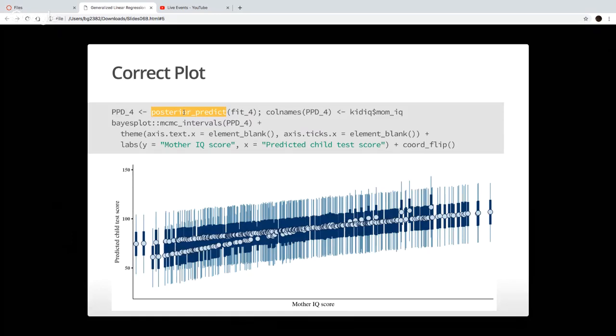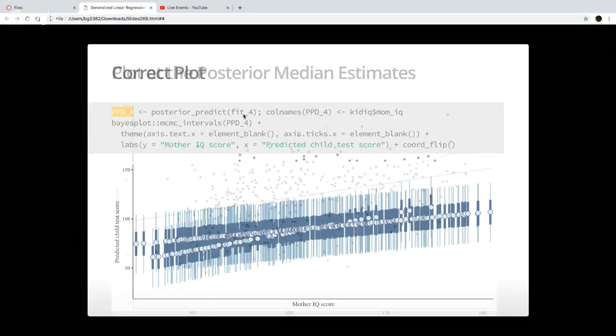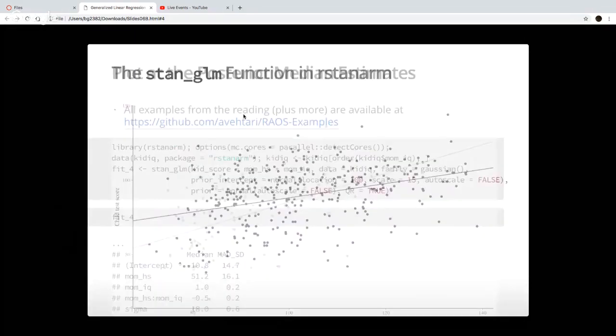So this is what my model predicts the baby's IQ would be for various levels of the mother's IQ. And I put that as my column names in order to make this plot come out in order. And then I call the mcmc_intervals function on that PPD4, which is the output of posterior_predict, passing in the model fit function that I obtained 2 slides ago.